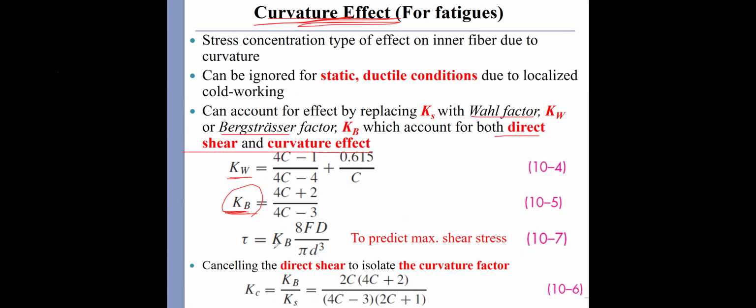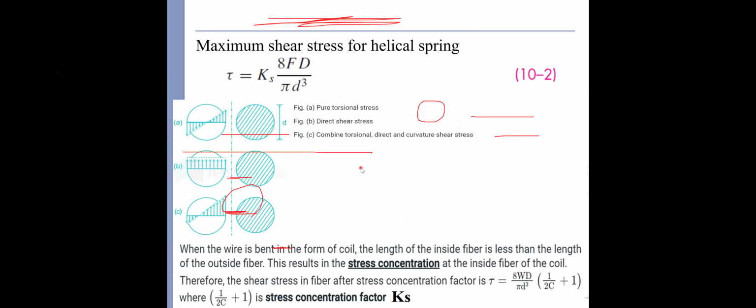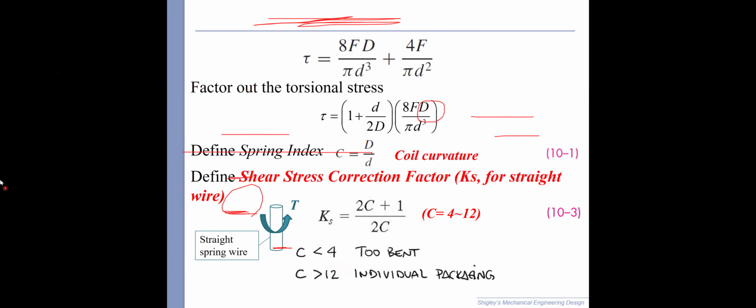So we can replace the Ks that I mentioned previously. For Ks, we don't consider the curvature effect. Suppose there's no curvature effect, then that case is fine.